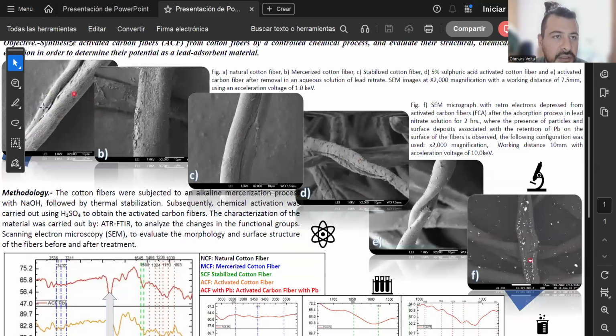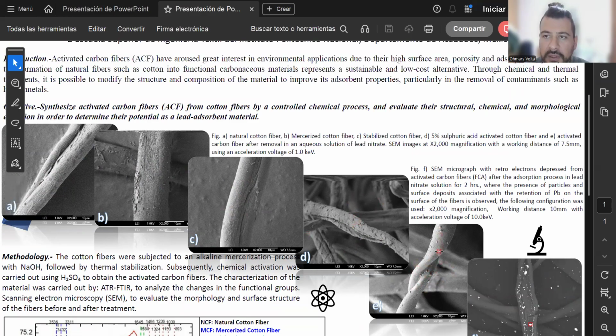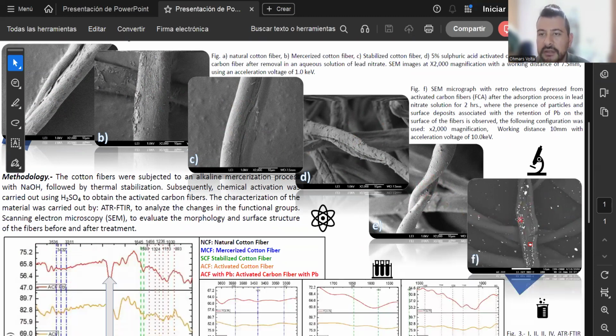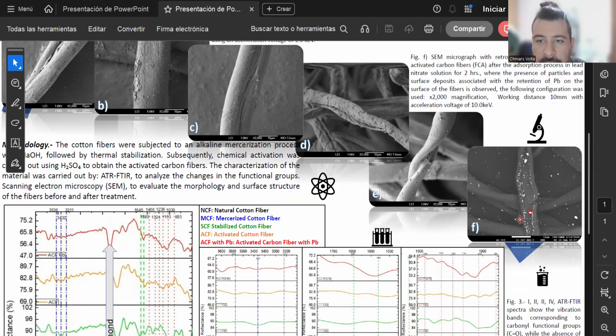For example, here the first one is the mercerized cotton fiber, stabilized, activation, and the activated carbon fiber after removal in aqueous solution with lead nitrate, and that is the comparison.